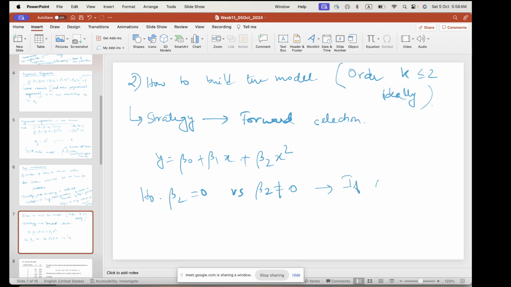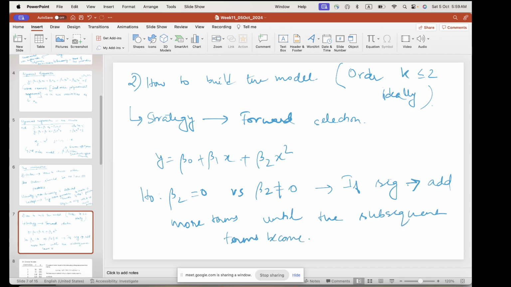If this is significant, then we'll add more terms until the subsequent terms become non-significant.